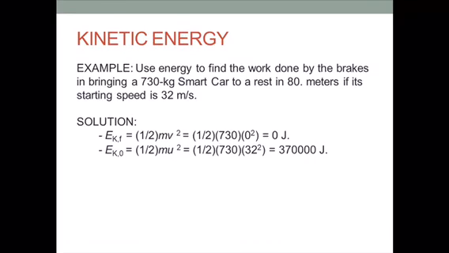Our initial kinetic energy is half m u squared, where u is 32 meters per second and m is 730, which will give us an initial kinetic energy of 370,000 joules. So the change in kinetic energy would be final kinetic energy minus initial, which results in negative 370,000 joules. That will be our change in kinetic energy.